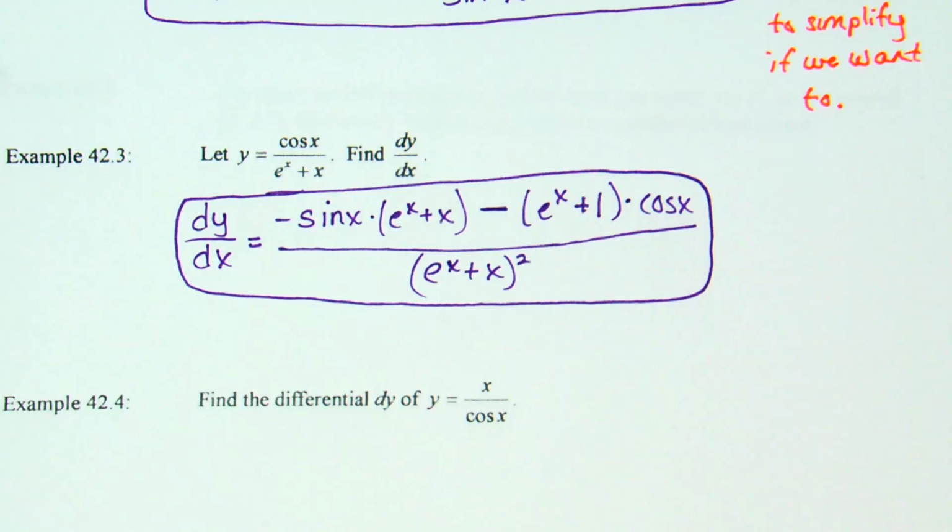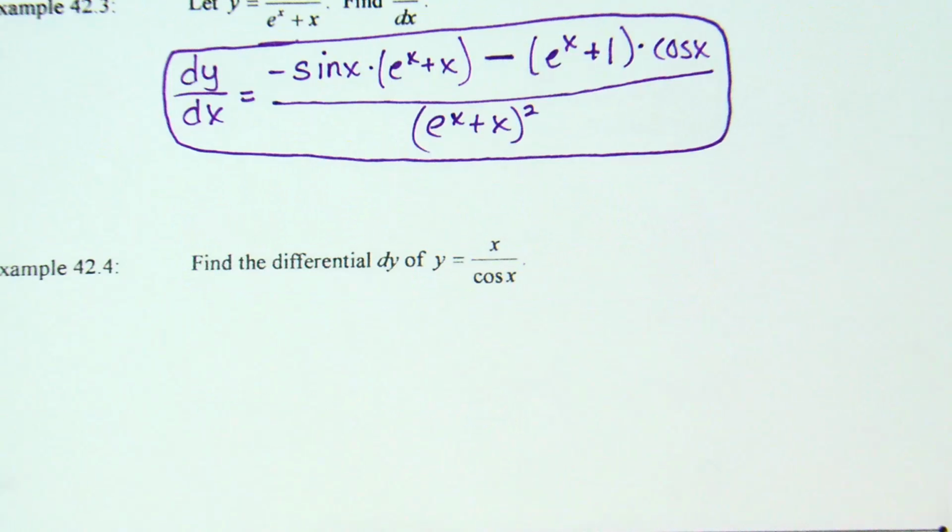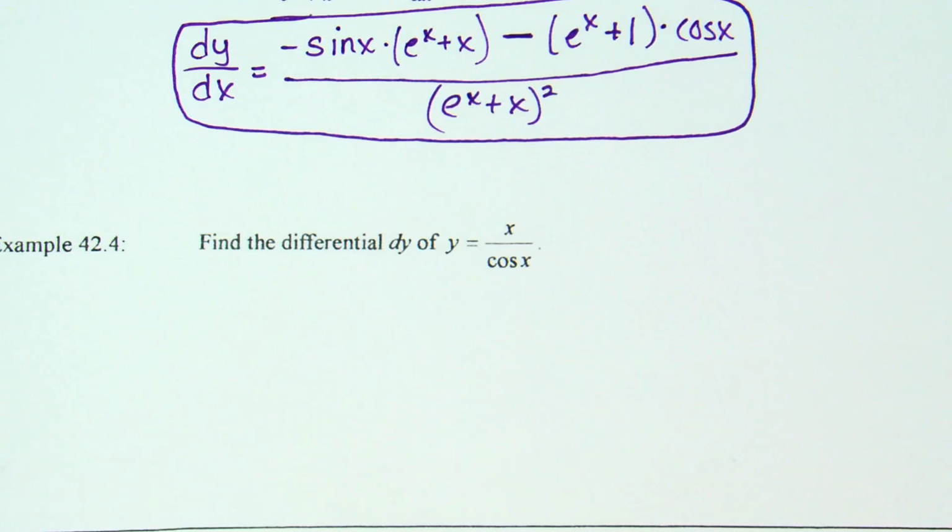Okay, one more slight variation here. The directions ask us to find the differential dy of y equals x over cosine x. Do you remember working with differentials?